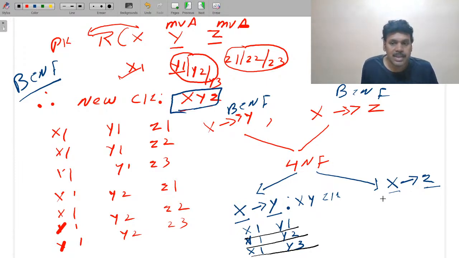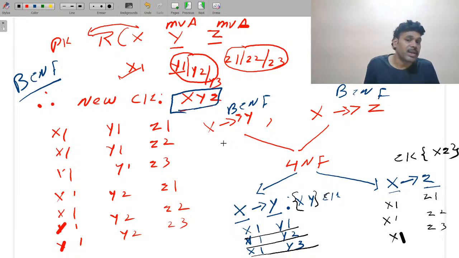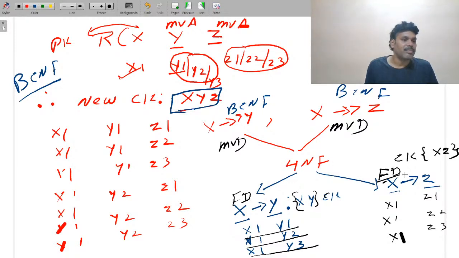So here also the same: X1 Z1, X1 Z2, X1 Z3. Here your candidate key is XZ. There are no multi-value dependencies in this. So we have converted your MVD into FD.